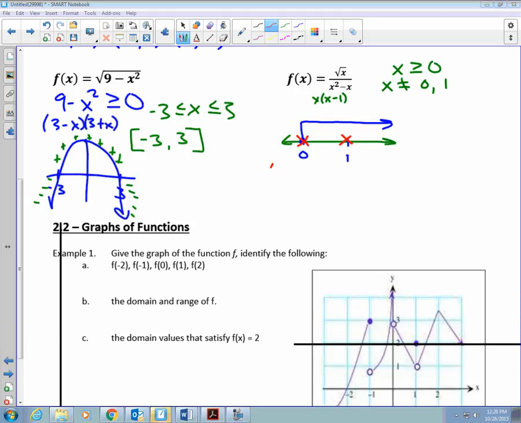So you would say we're going to start at 0, but we're not going to include it, and we're going to go to 1, not included. And then we'll pick up with 1 not included over to positive infinity. So probably open circles would have been the better choice, but I want you to understand we got to exclude them. They can't be part of the solution set for the domain. Is that clear?